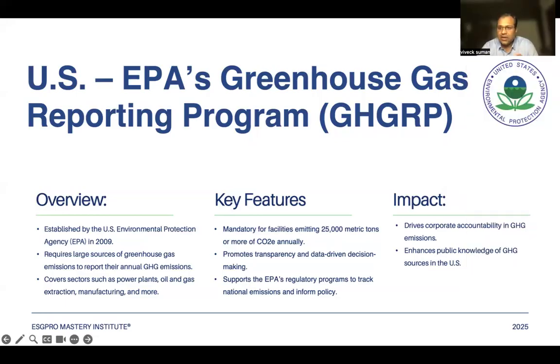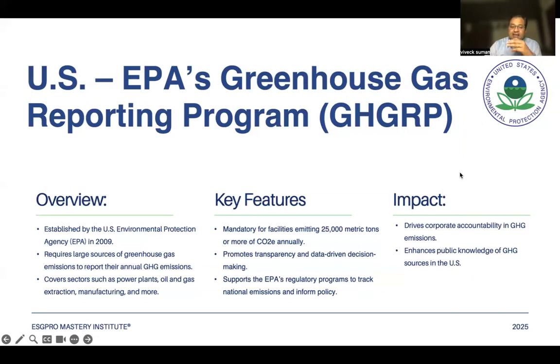Now, let's start talking about the most pivotal tool which United States is currently using to tackle their carbon accountability. The EPA Greenhouse Gas Reporting Program, or GHGRP, was established in 2009 by the US Environmental Protection Agency. This is a game changer for them, and there is a reason behind it.